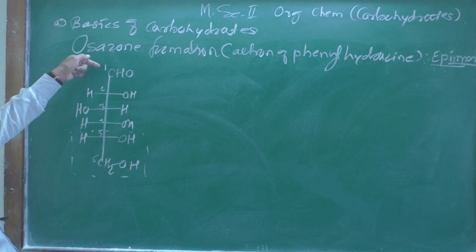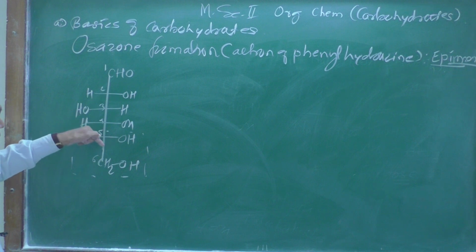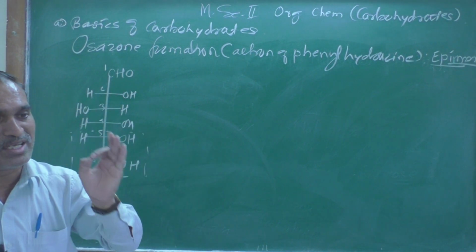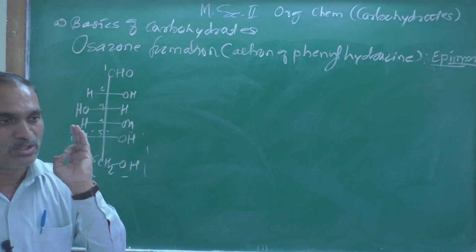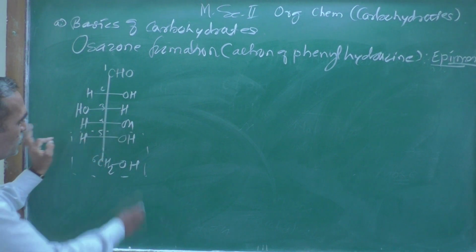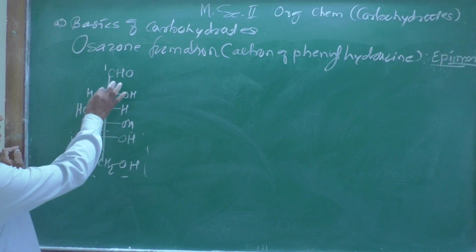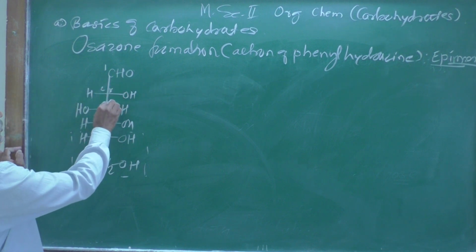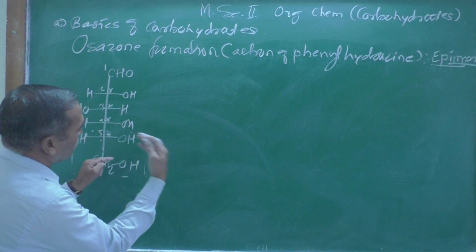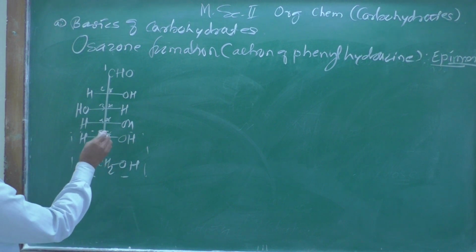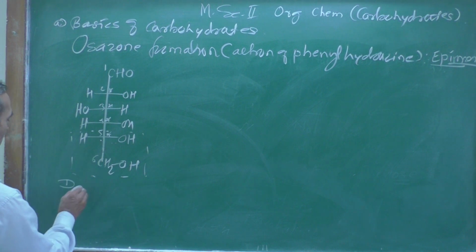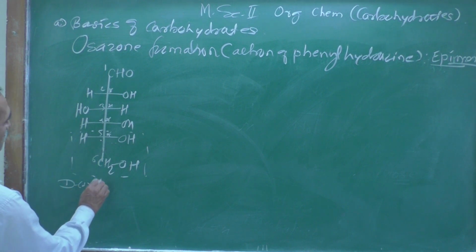Look here, this is the lowest chiral carbon atom, and the glucose molecule is shown according to the Fischer projection formula. This is the fifth one. There are 4 chiral centers, 1, 2, 3 and 4, with OH on the right hand side, and therefore it is designated as D configuration, or assigned as D plus glucose, right?